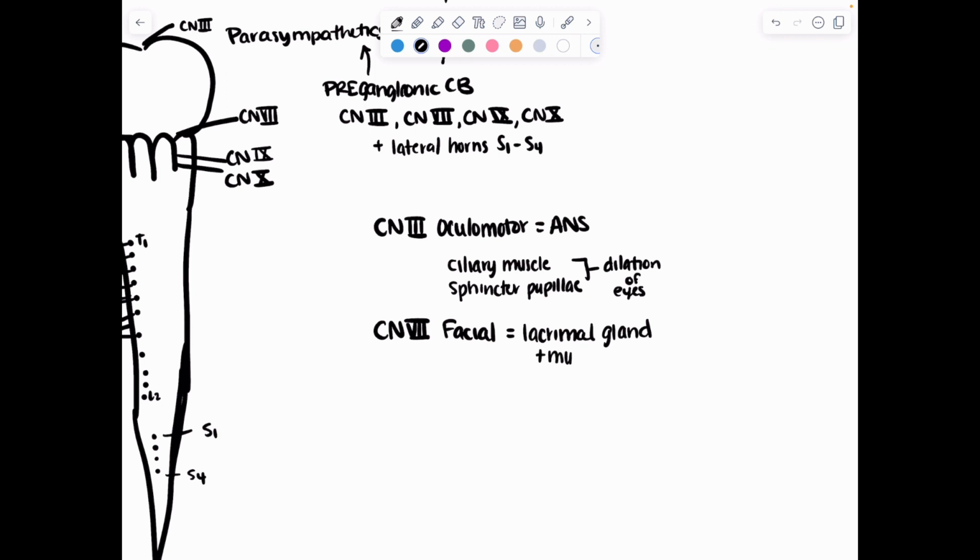So our mucus glands, like me getting a stuffy nose, right? It is also involved in the submandibular and sublingual glands. What do those glands do? Digest food. We'll talk more about that in our digestion lab.